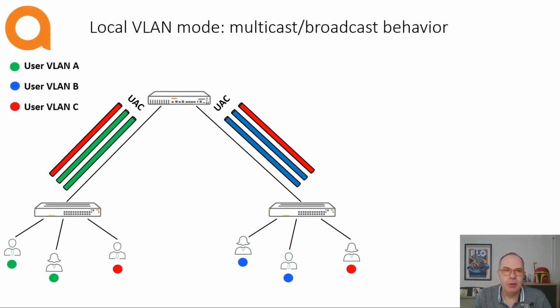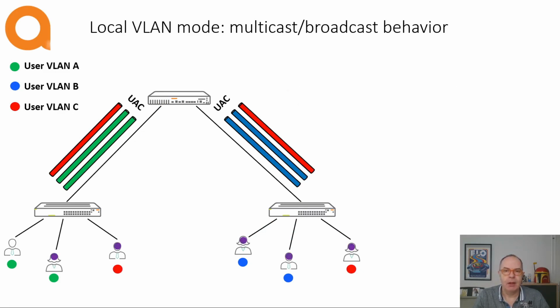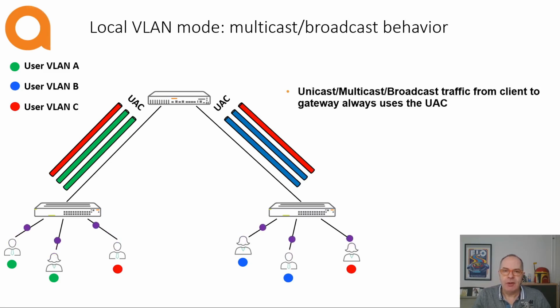Now let's have a look at local VLAN mode. With local VLAN mode, there is no separate tunnel for multicast traffic. There are only user-based tunnels. For the traffic coming from the clients going to the gateway, unicast, multicast, and broadcast traffic always uses the UAC.